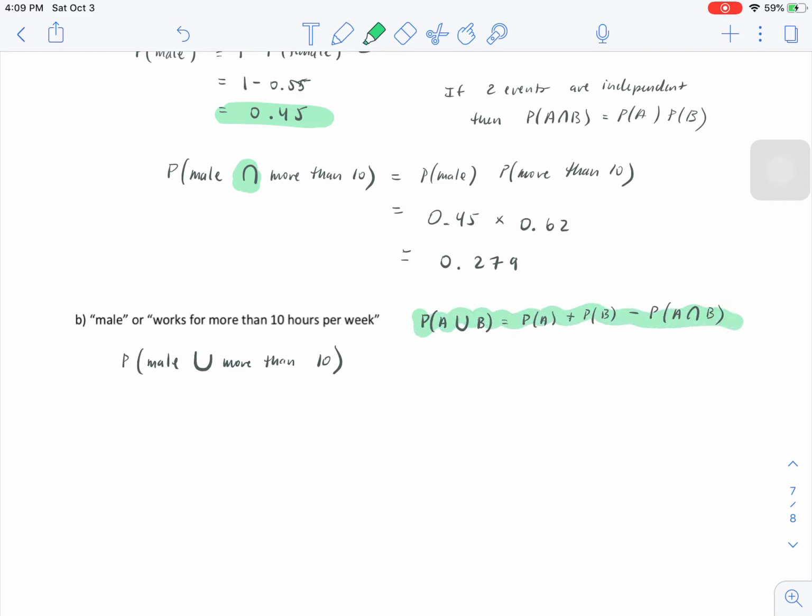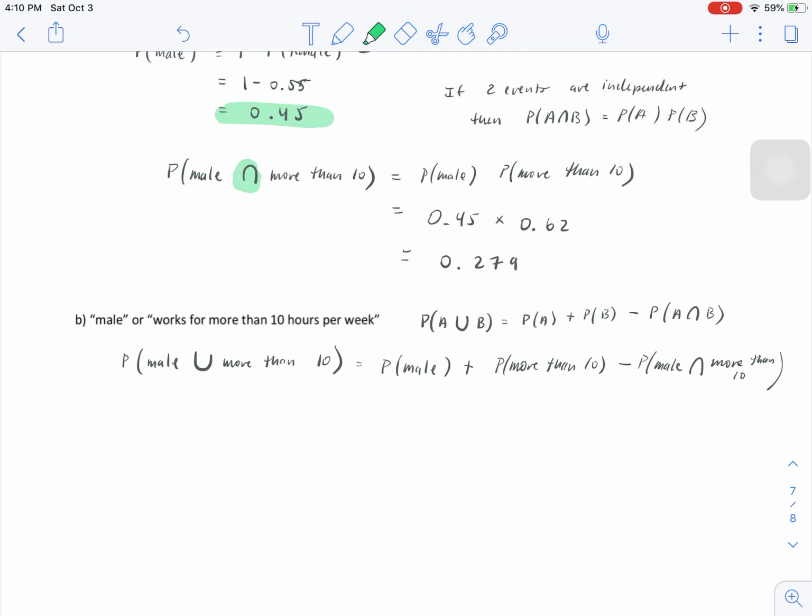This is an important formula of ours, so we're going to use that in this case. The probability that you're male or that you work more than 10 hours per week is equal to the probability that you're male plus the probability that you work more than 10 minus the probability of these two events' intersection.